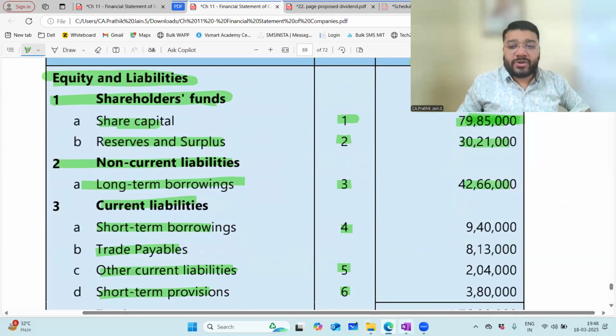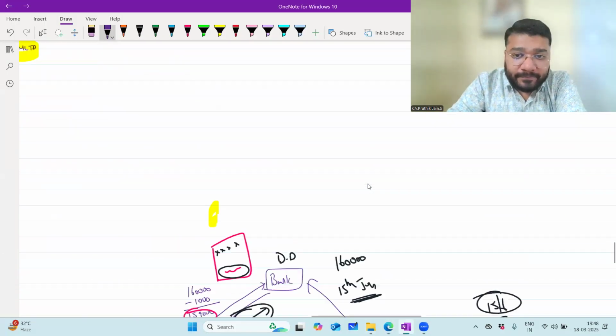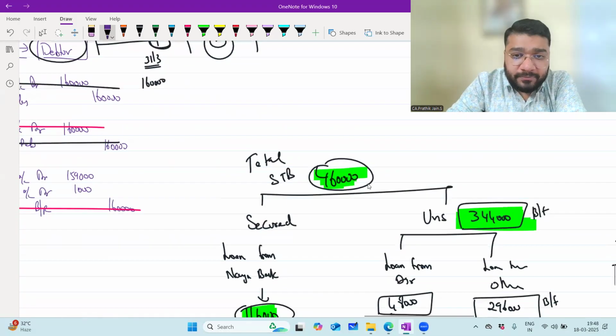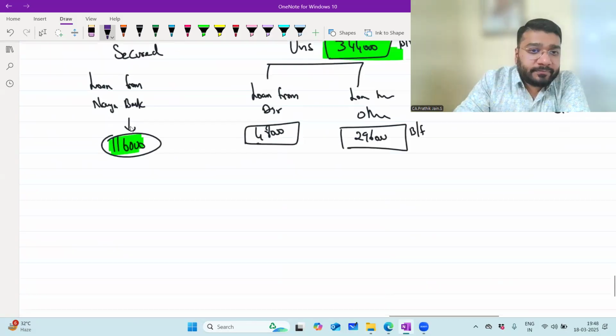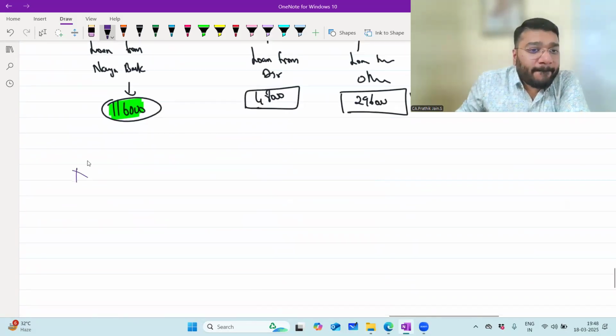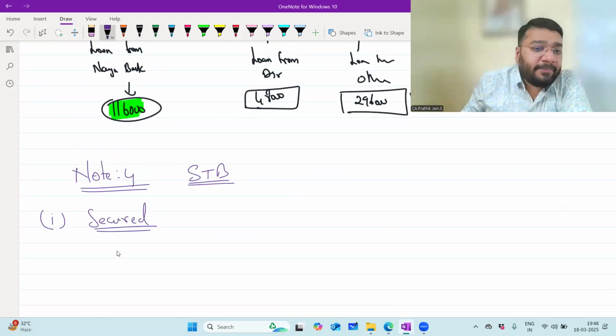Next is short term borrowing. For short term borrowing also, there's a drama. Yes, sir. Where is it? Yes. In that, secured. What is note number? Short term borrowing. Secured will be one heading.